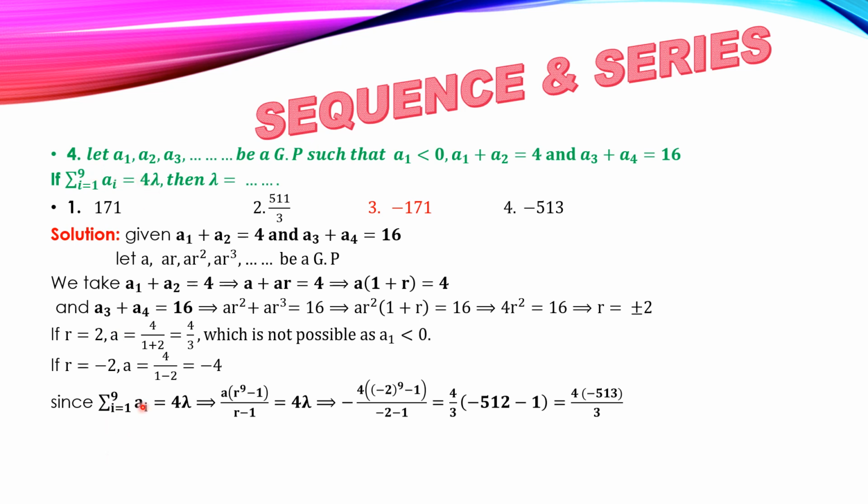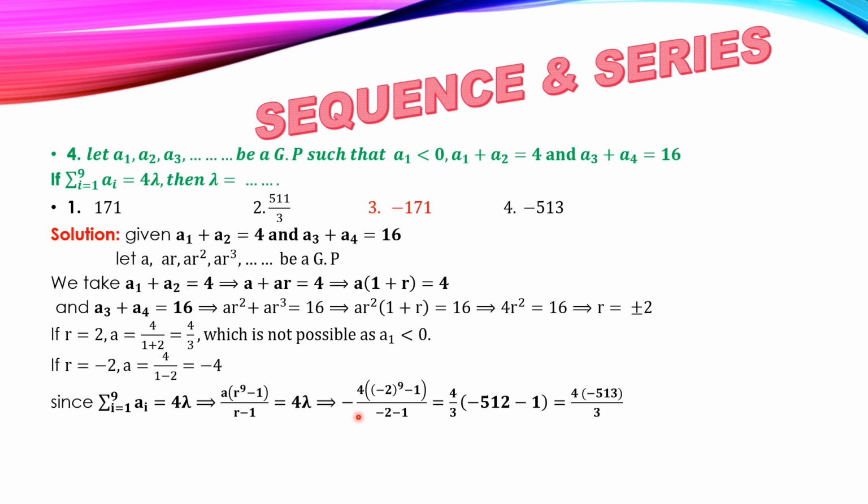So first of all, using the formula, we find the sum of the first 9 terms. So here this is in GP. So the sum of n terms in GP, the formula is a into r to the power of n plus 1 minus 1 by r minus 1. Here n means 8, 8 plus 1 means 9. So a into r to the power of 9 minus 1 by r minus 1, which is already equal to 4 lambda.